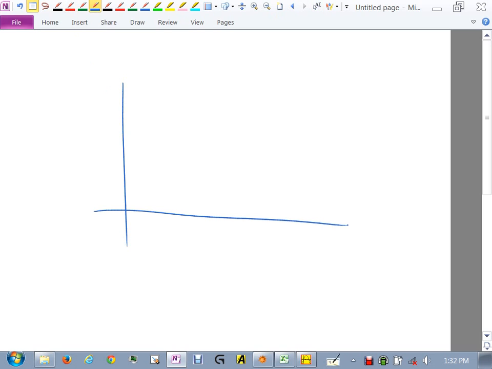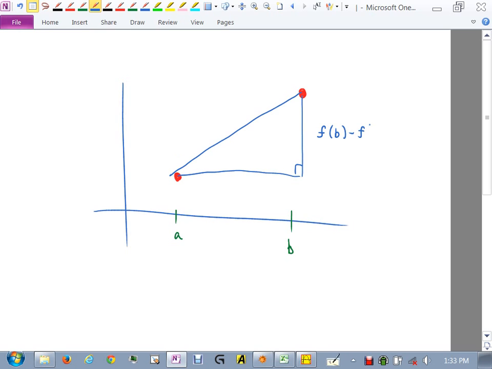Let me show you. Let's say I have a here and b here. This time, my function does not have to have the same value. Rolle's theorem said they were the same, right, at the 2 points at the end. Let's say they're not the same. If I construct a right triangle, and I want to know the slope of this line, this height is f of b minus f of a, right? That's the change in y.